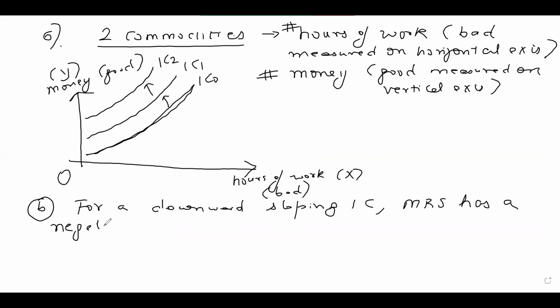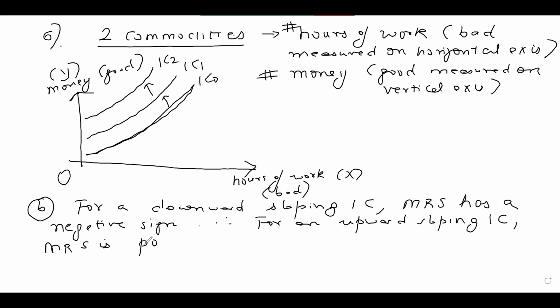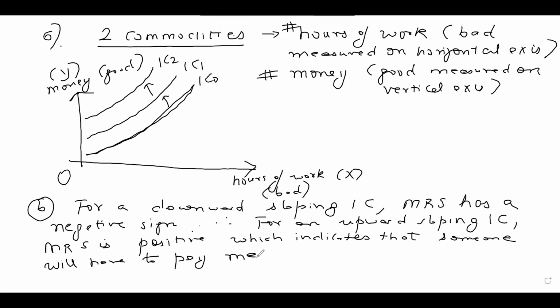Therefore, for an upward sloping indifference curve, MRS is positive, which indicates that someone will have to pay me more money to have me work more.